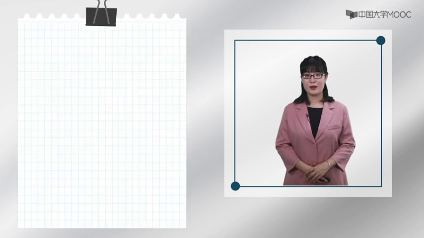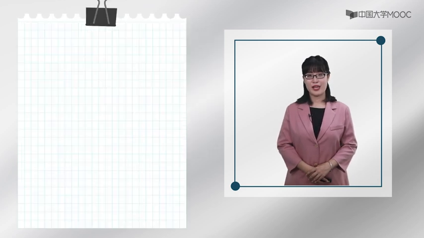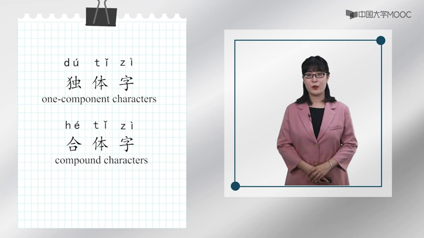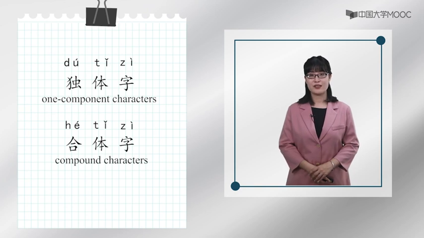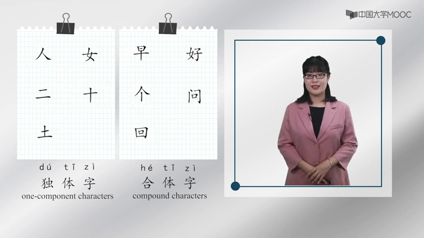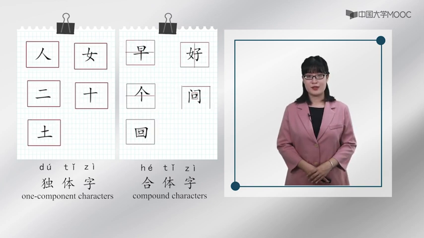Well, to learn about their differences, we have to know that Chinese characters are divided into 独体字, which means one component characters, and 合体字, which means compound characters. So now we know the difference.